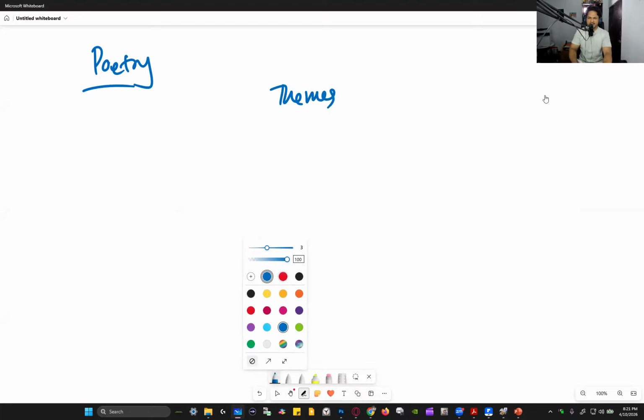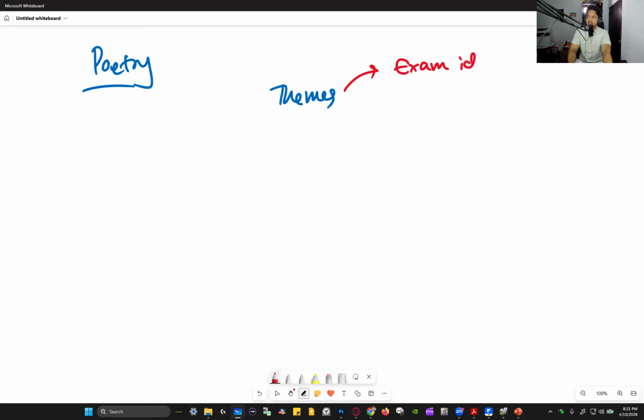What do you mean by a theme? A theme is an exam idea. That means if you want marks in the exam, you have to understand the themes.